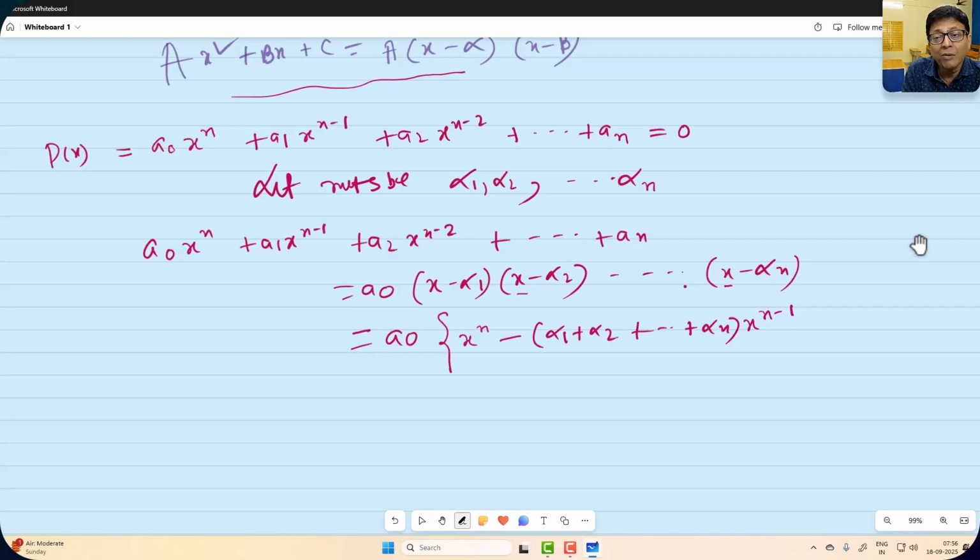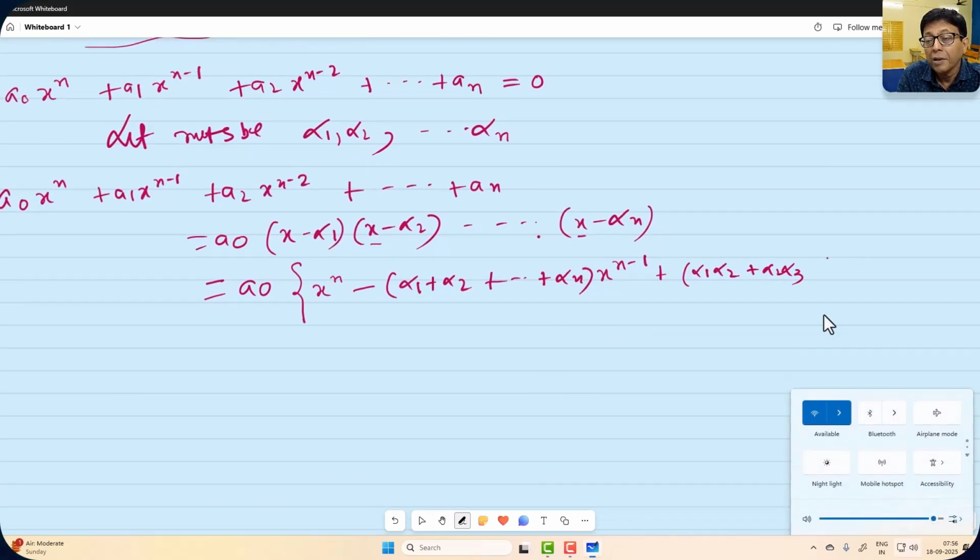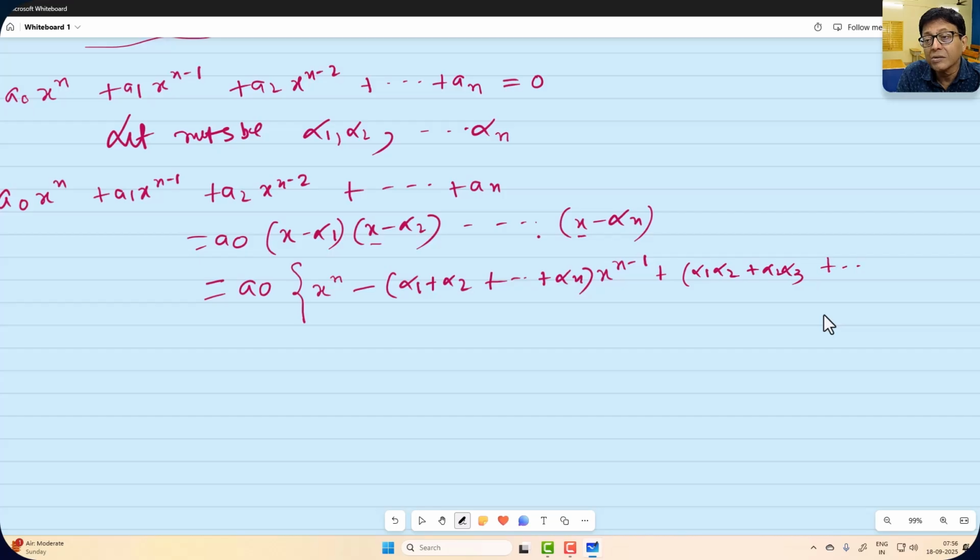Alpha 1 multiplied with the leading term here, alpha 2 multiplied with the leading term here, then it will be alpha 1 alpha 2, alpha 2 alpha 3, plus this way it continues.